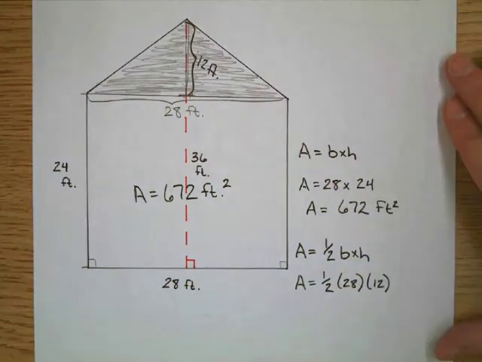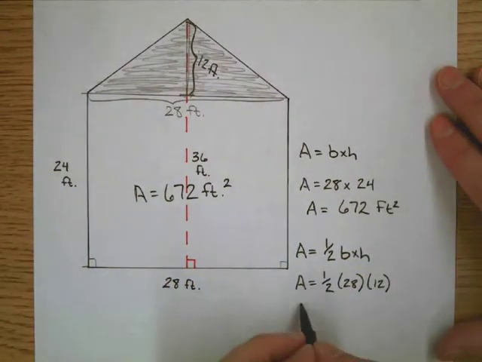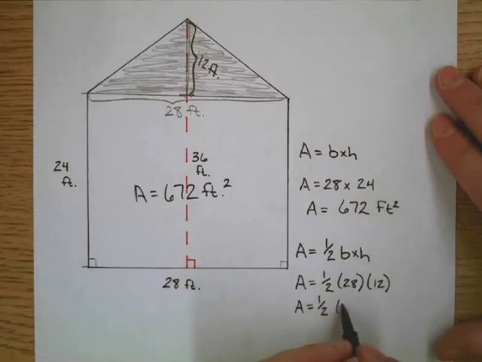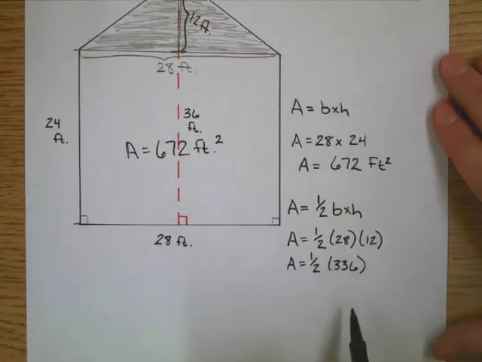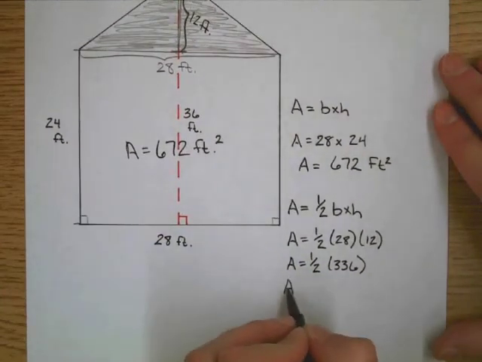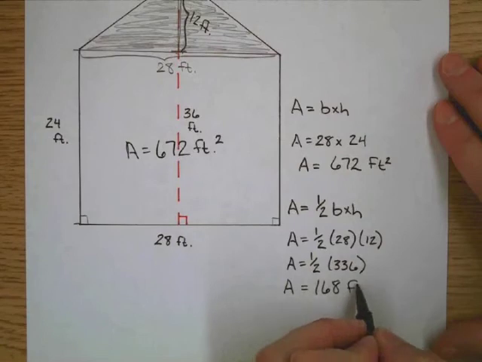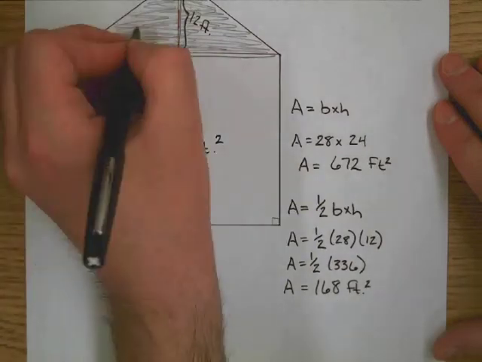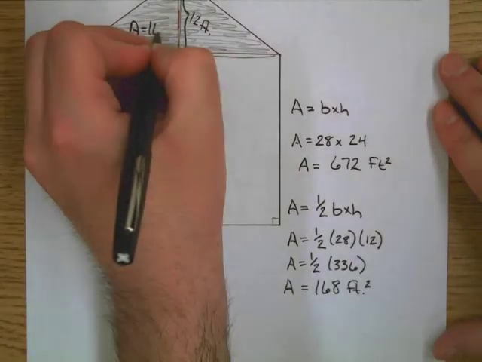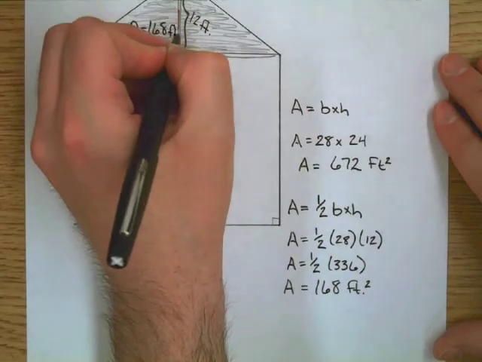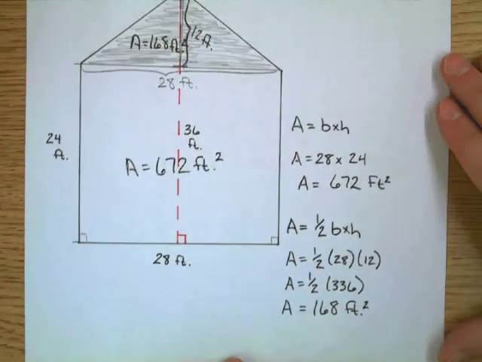And if I multiply out 28 times 12, I end up with 1/2 times 336. 28 times 12 is 336. And I want half of that 336. And half of 336 is 168. Again, I'm in feet, so that's square feet. So my area up here is 168 square feet for the area of that triangle.